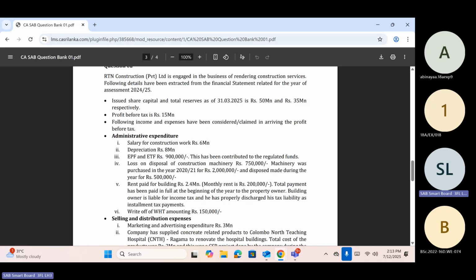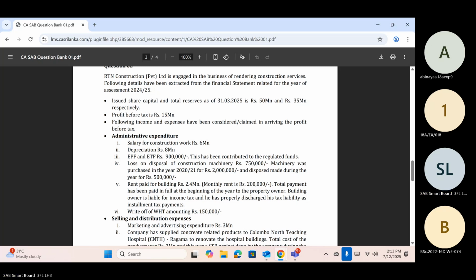So provisions are disallowed. How much? 8 million. It has all been deducted when we arrived at profit before tax, but as per the tax law it is not deductible, therefore we have to add it back. Understand the concept, understand the law, and do that.